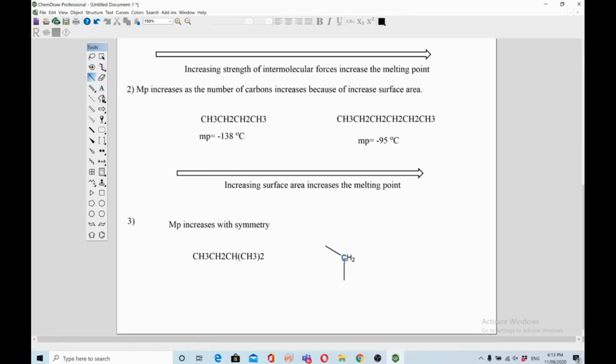So you can clearly see which is more symmetrical. This is more symmetrical, with CH3 and CH3, so there is a plane of symmetry in this molecule which I am drawing, compared to the other molecule which has no plane of symmetry. So this is not symmetrical, this is symmetrical, or you can say this is less symmetrical, this is more symmetrical. Hence the melting point for this compound will be low, that is minus 160 degrees.